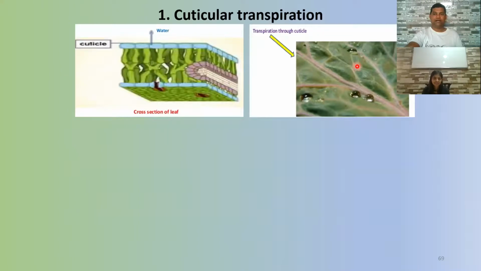First one, cuticular transpiration. It has come from the word cuticle. If you see the section, the outermost layer is the epidermis.